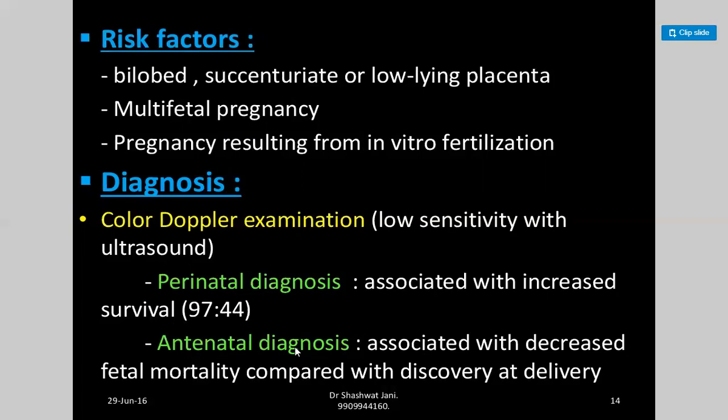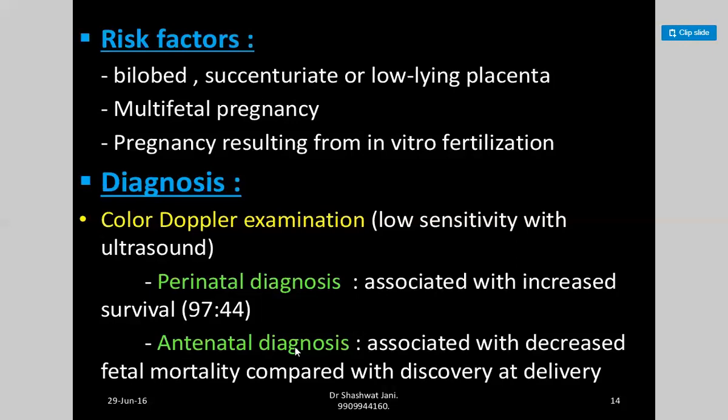Also in case of multifetal pregnancy, and in case of pregnancy resulting from in vitro fertilization. And how are you going to make the diagnosis? The diagnosis can be done by color Doppler examination, with low sensitivity on ultrasound. Perinatal diagnosis is associated with increased survival, about 97 versus 44 percent.